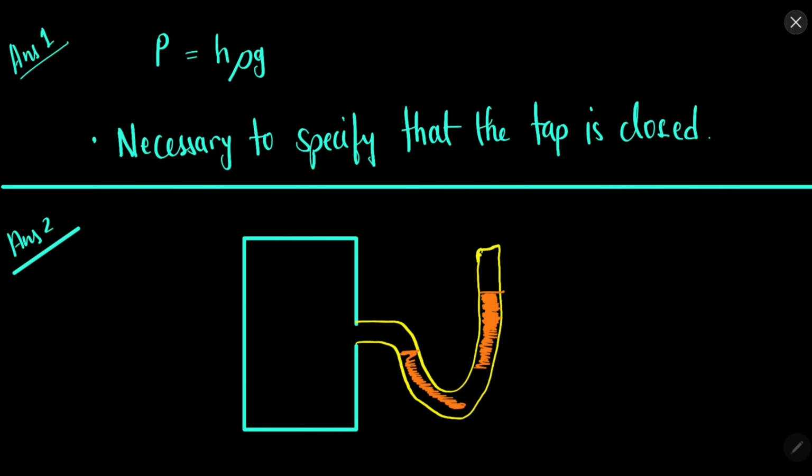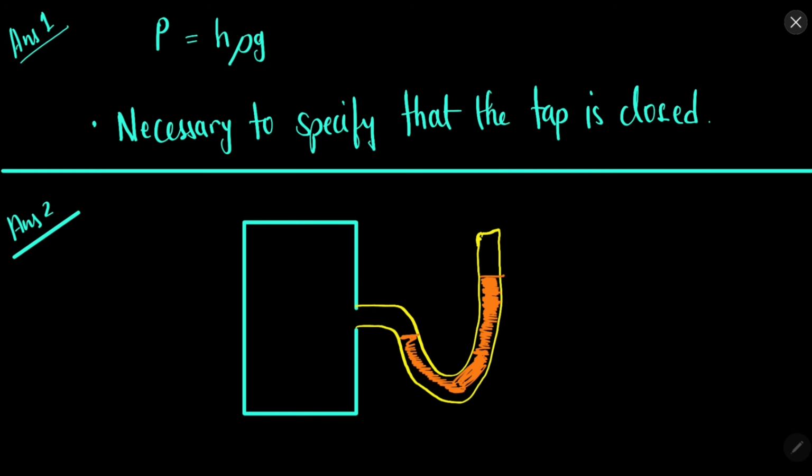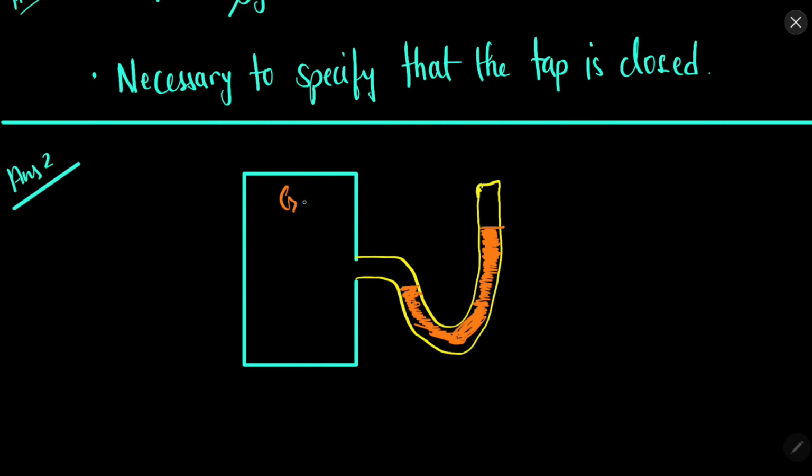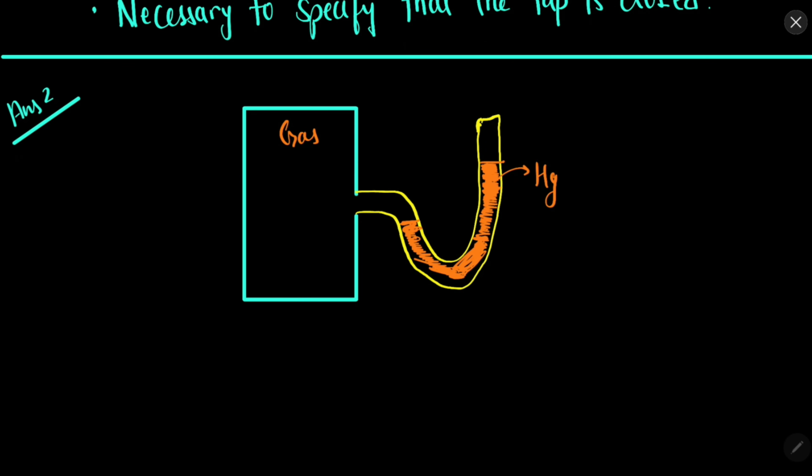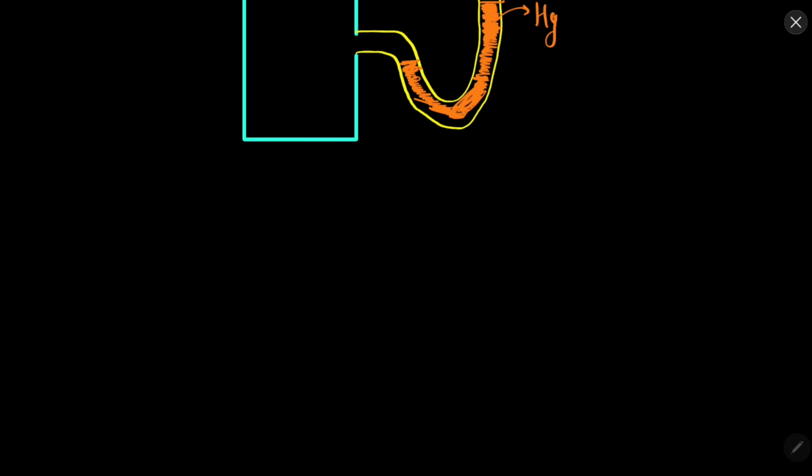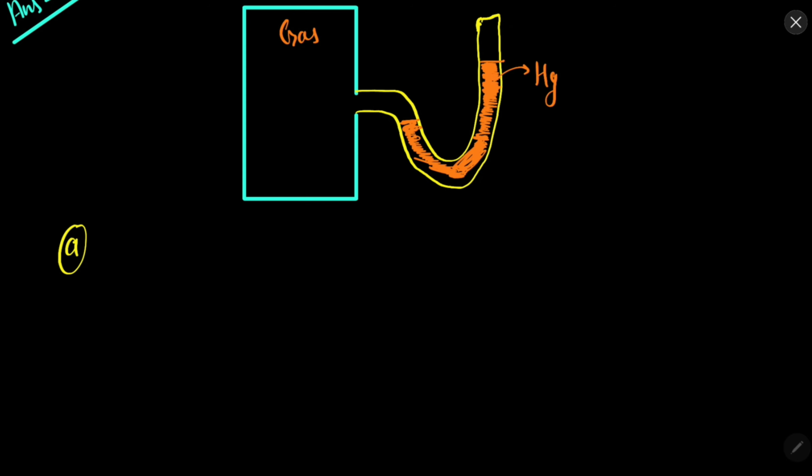Now in the first part, we need to find the pressure of the gas in the cylinder. So there is gas here. This is mercury, Hg. When you need to find the pressure of the gas, we can find it indirectly.